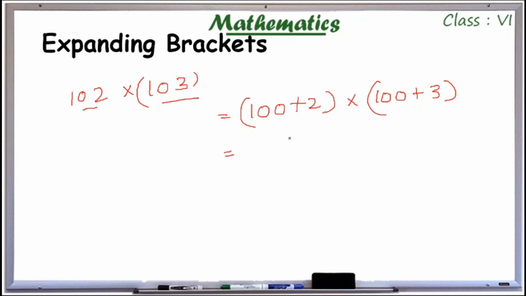Now I have to expand this bracket. Please listen. If we have one term, we can give it to both terms. Here we have two terms, so I have to give each term to each number.